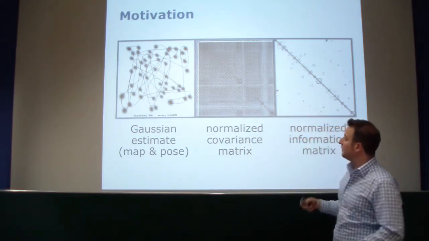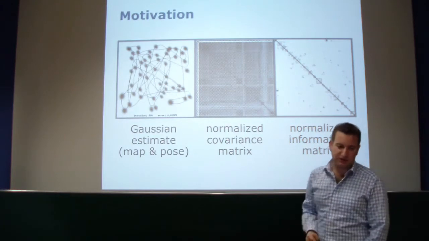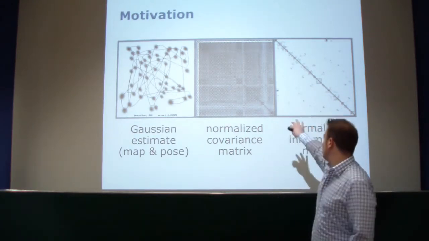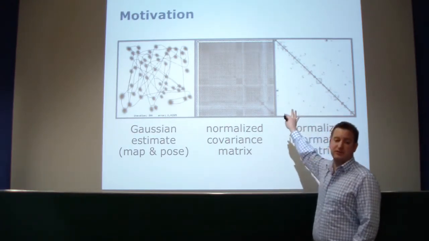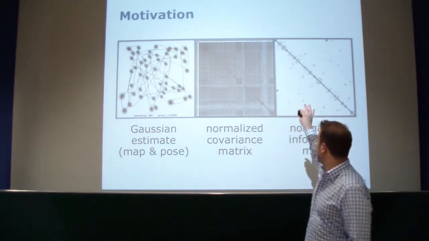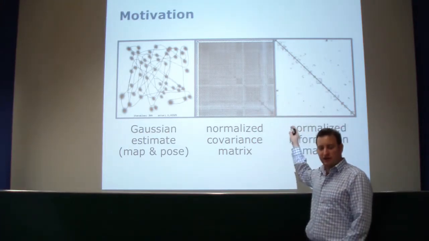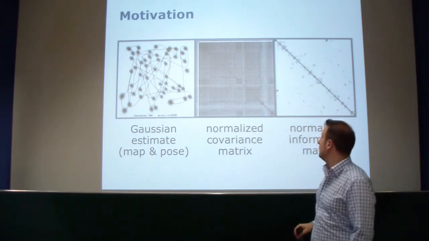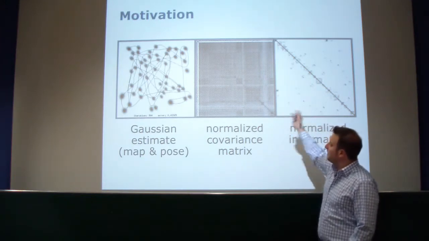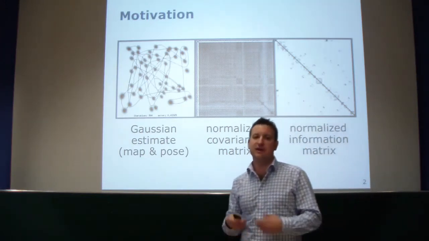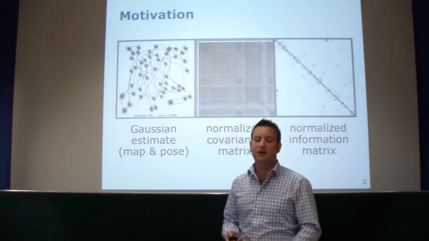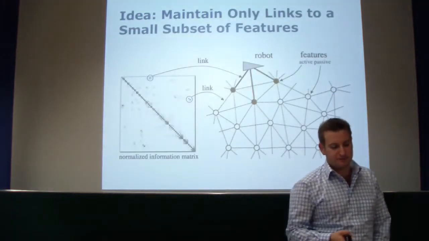And the key idea of the sparse extended information filter is to do some manipulations on this information matrix so that it becomes not exactly sparse, but sparse. So we end up with a very similar estimate, but having a sparse matrix allows us to do some of the computations more effectively.